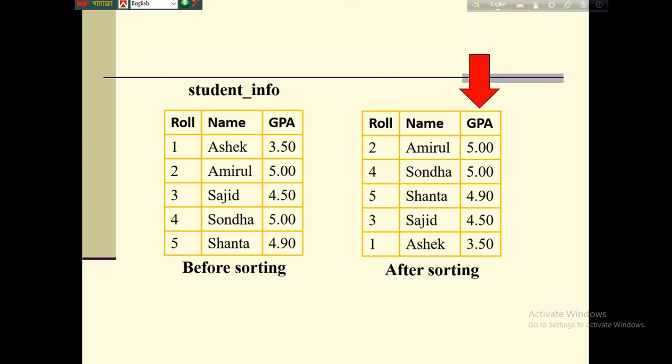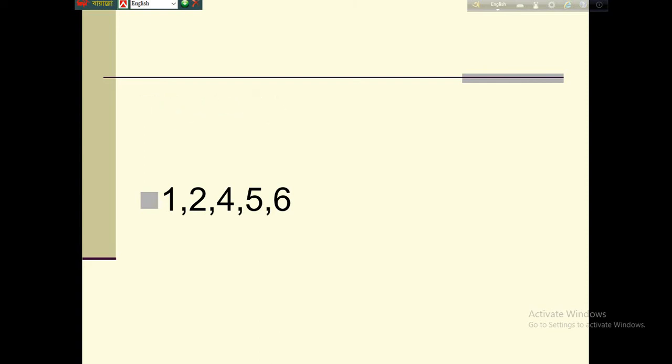So there are two types of sorting, ascending and descending. Here is 4, 1, 6, 2. After sorting: 1, 2, 4, 5, 6, like this. And the main file is erased because the latest file will be stored.